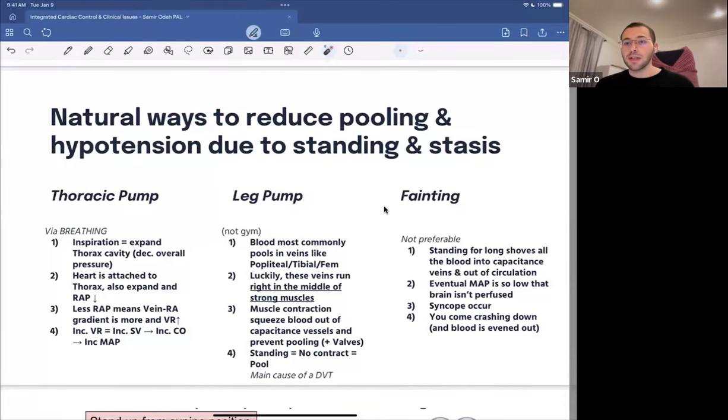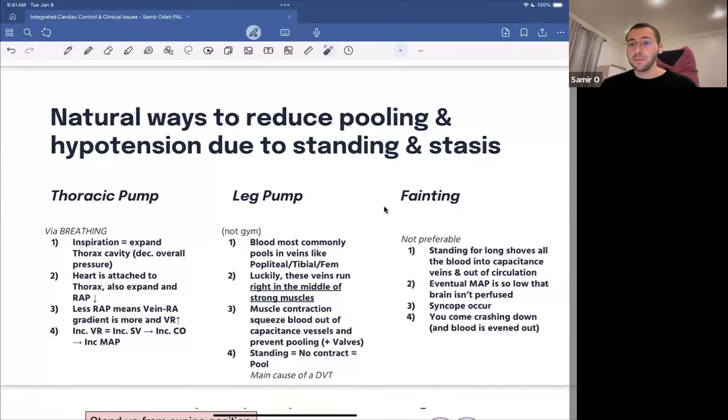So inshallah, you're going to take this in your musculoskeletal block, the leg muscles, but you'll see that the main veins that run right through, whether it's your femoral, whether it's your tibial, whether it's your whatever, these veins run right through the middle of these muscles. So even though these veins are dilated and filled to the brim with blood that is coming down because you're standing for such a long time, the moment you just contract your muscles, so moving your leg, adjusting your feet, adjusting your stance, doing anything, walking, running, those muscles are going to contract and it's going to shove the blood right back up.